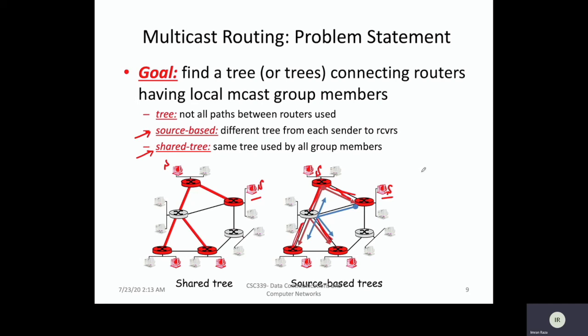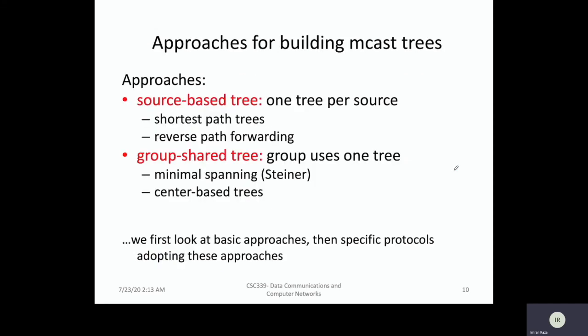and here we are talking about the source-based tree, where obviously I would like to have a spanning tree, a minimum spanning tree, right? Where the link cost is minimum. So there are two approaches, as we have just discussed, to build a tree. Either we have the source-based tree, one tree per source, and obviously here we talk about shortest path trees, and these trees are constructed using reverse path forwarding, right?